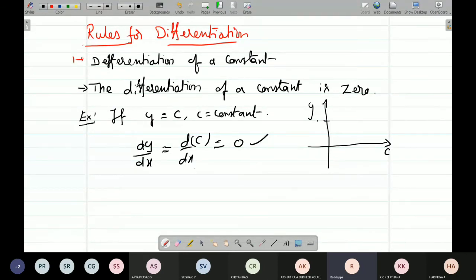If x is 0, y will be c because it is not depending on x. If x is 1, y will be c. If x is 2, y will be c. Likewise, for any value of x, y is fixed. It is a constant, so if you join all these points, you will get a constant line.